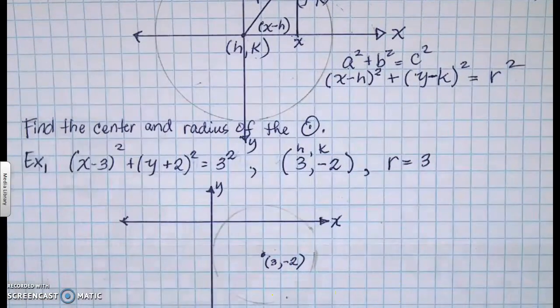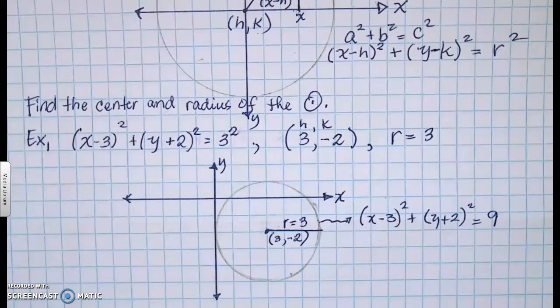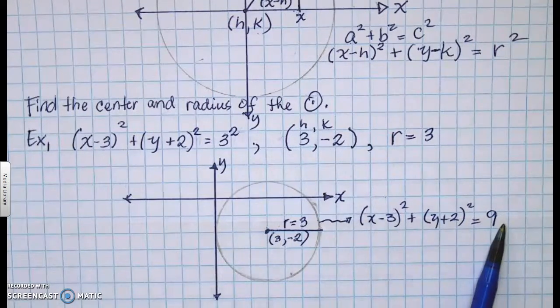Right there, approximately. Okay, so the finished product of your example number 1 would look like this, where your radius is 3, your center is at (3, -2), and your overall equation is going to look like this.